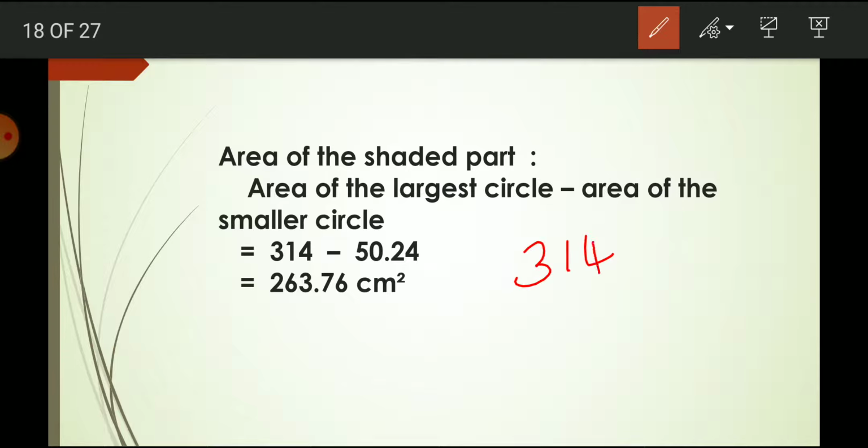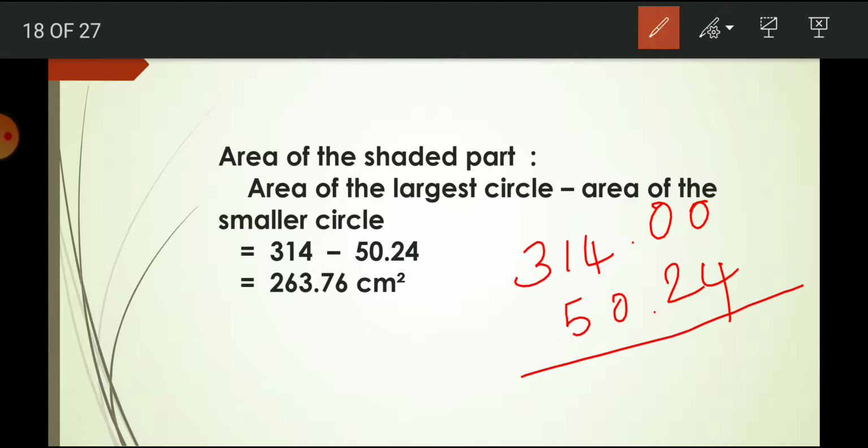See, 314. Here the second term is decimal, so 50.24. We can put zeros here. Here the ones term is 0, the other term is 0. Then we can borrow from this 4. So here is 3, here is 9, here is 10.